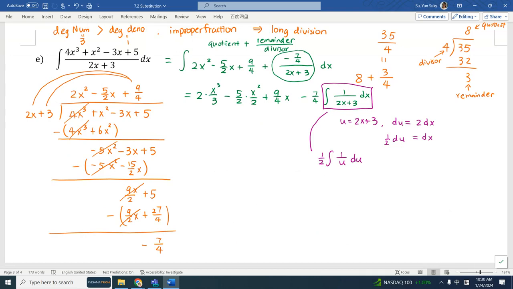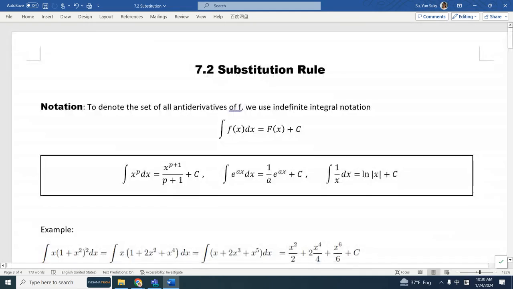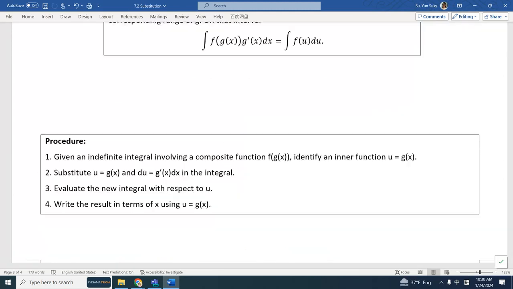Right, everybody? What is the integral of 1 over u? One of the formulas, you have 3 formulas, which one? Okay, what's the 3 formulas? Is it the power? Yeah, it's the ln, absolute value of u.